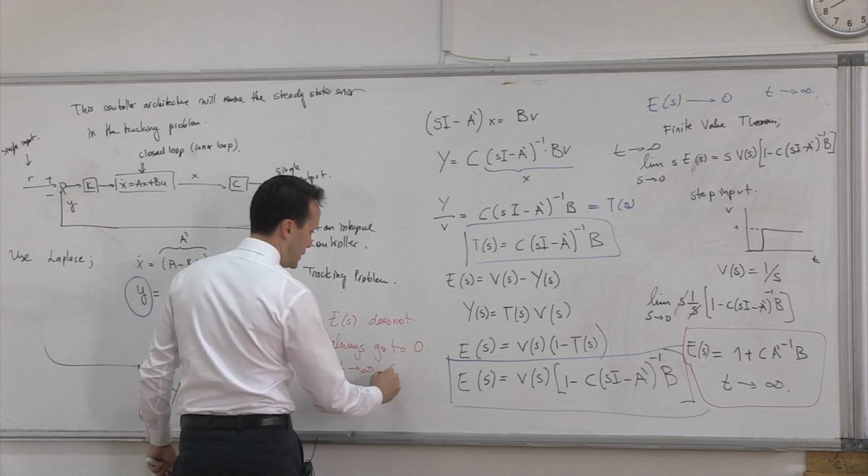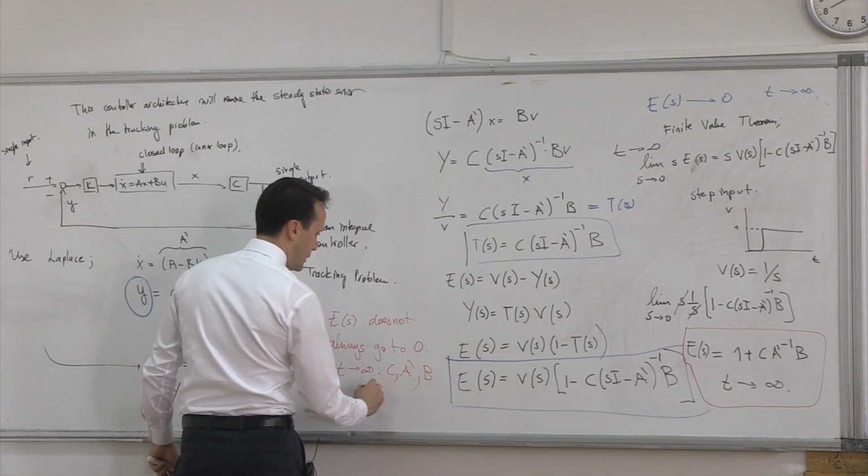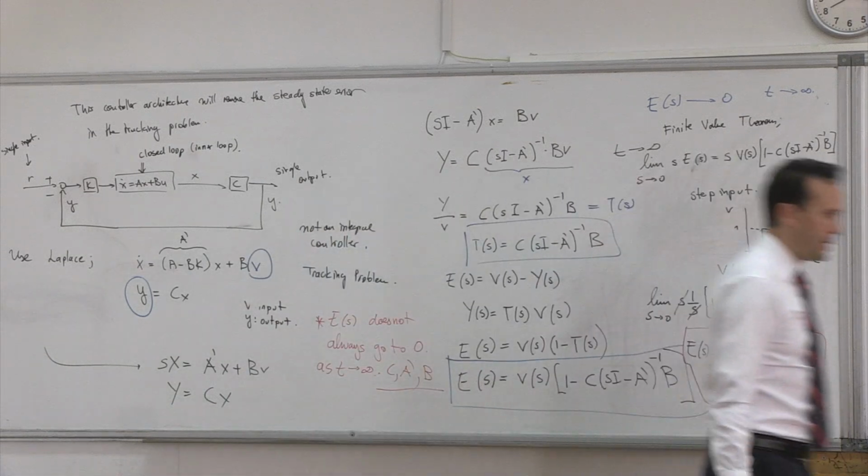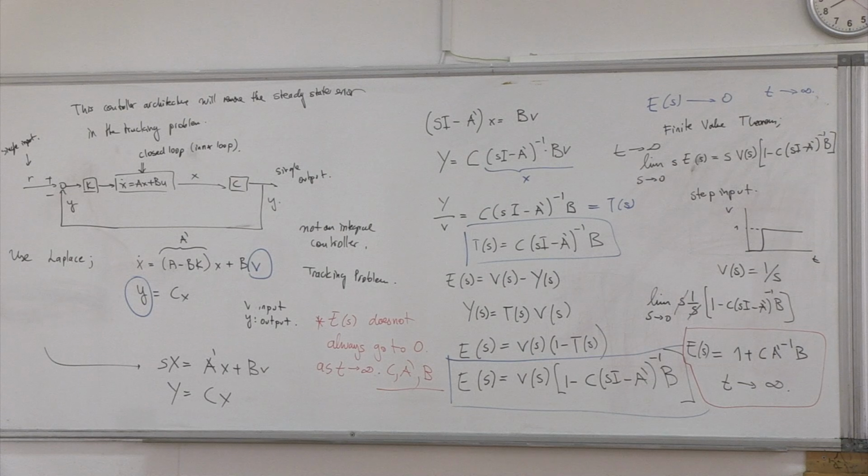In fact, it will depend on C, A prime, and B. It will depend on this: C, A prime, and B. For a given step input, will I have my steady state error at 0 or not? It will depend on C, A prime, and B.